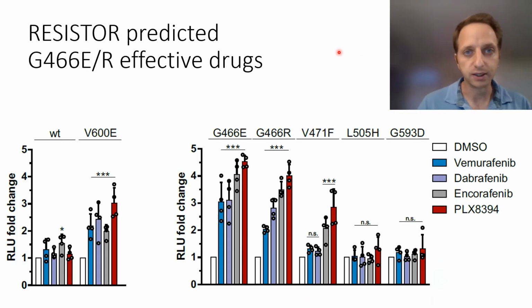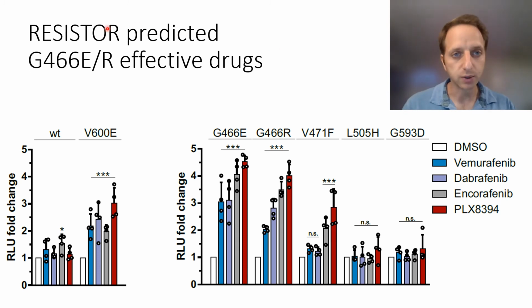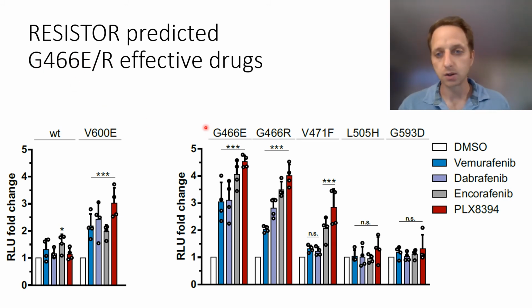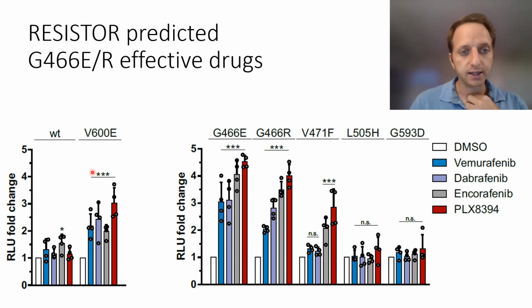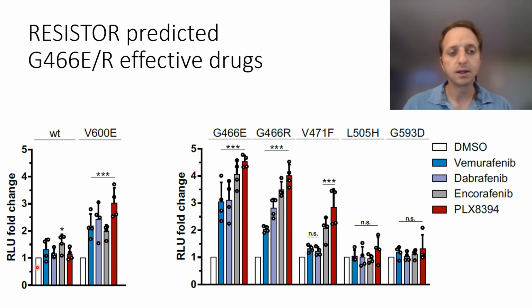What we found is that Resistor was able to correctly predict 75% of the particular sequence and drug combination effectiveness for G466E and G466R. So on the left here, this is again the V600E control versus the wild type, and everything is normalized to the untreated DMSO control.